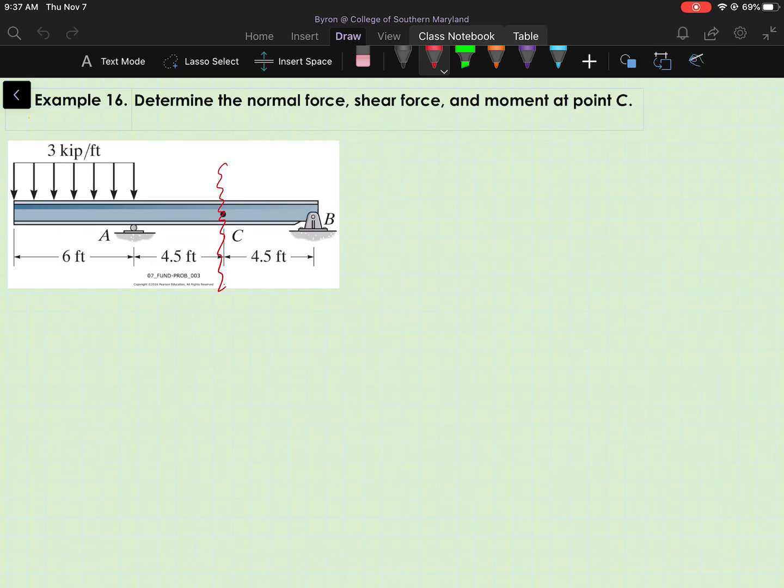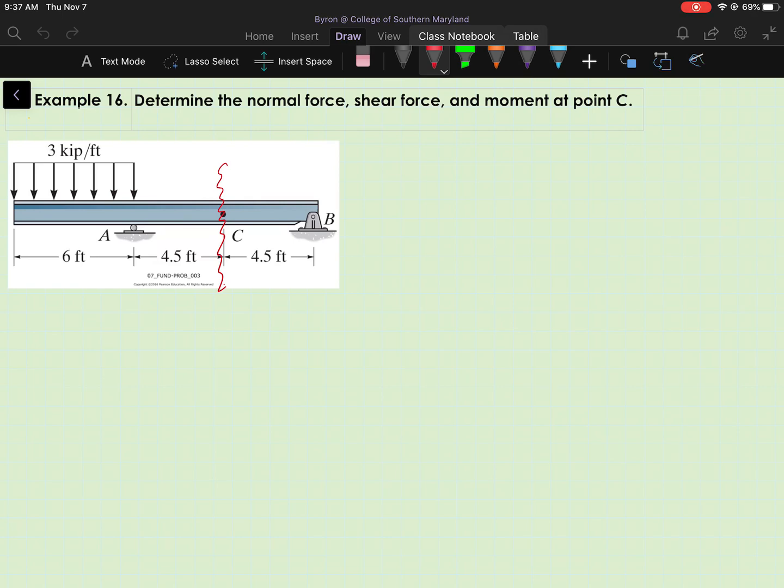In other words, if we look at the left side of the cut, our free body diagram of that segment of the beam is going to include the distributed load as well as an unknown reaction at A. If we look at the right side of the cut, the free body diagram of that segment would just involve the unknown reaction at B. So this one's pretty straightforward.